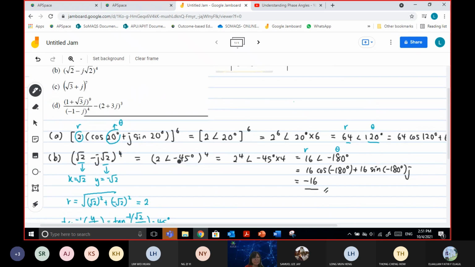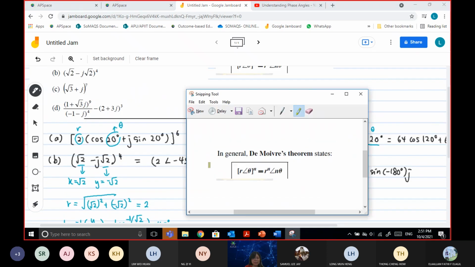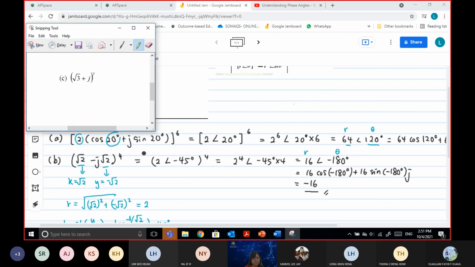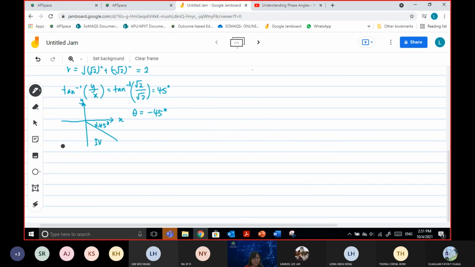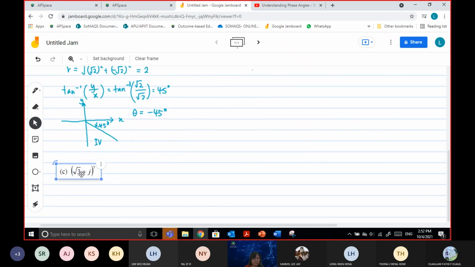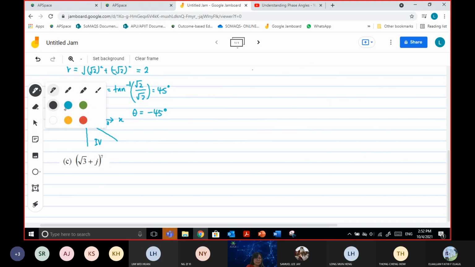Then we continue with question C. We repeat the same thing: write it in the polar form. The x is the square root of 3 and the y is positive 1.